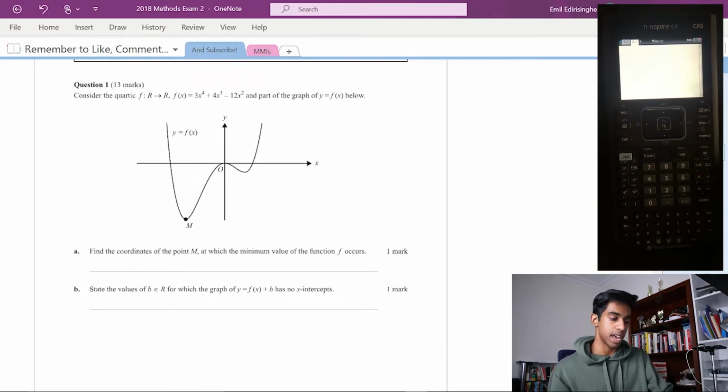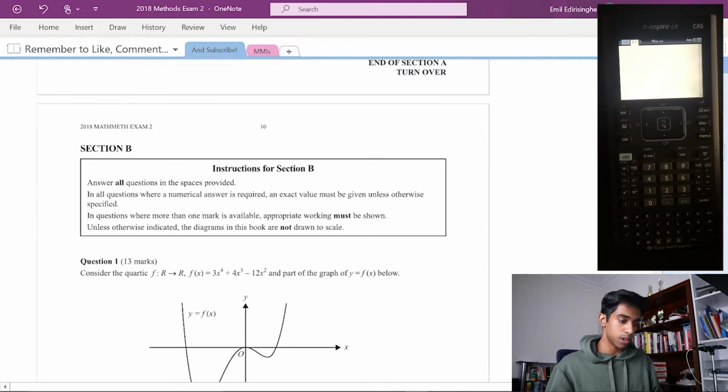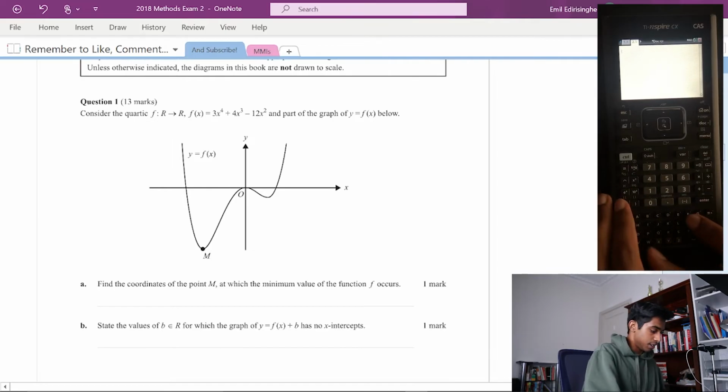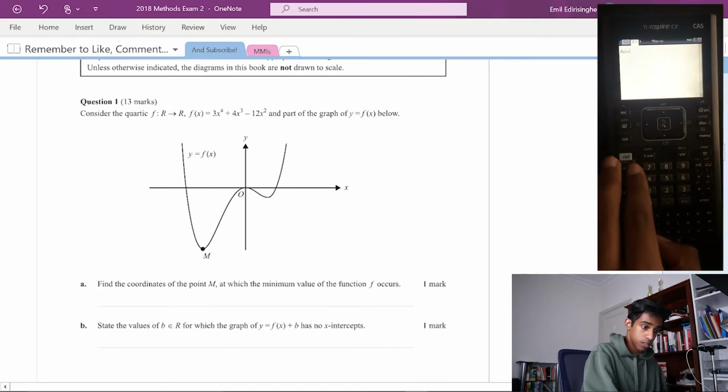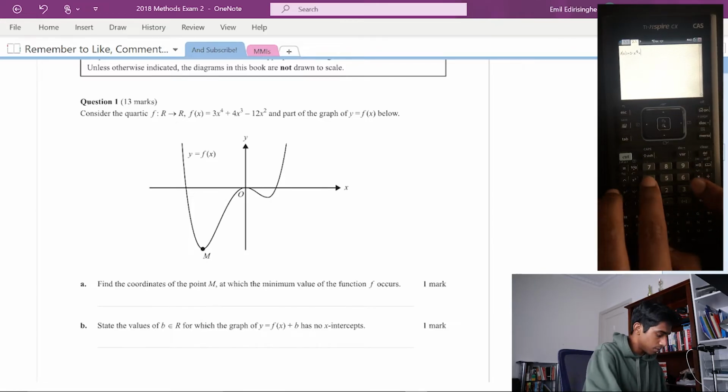Find the coordinates of the point M at which the minimum value of the function occurs. Okay, so here what I'll do is I will first define this function. So we've got 3 times x to the 4 plus 4 times x to the 4.